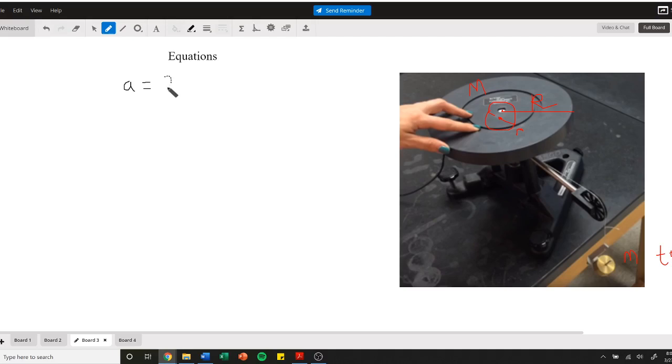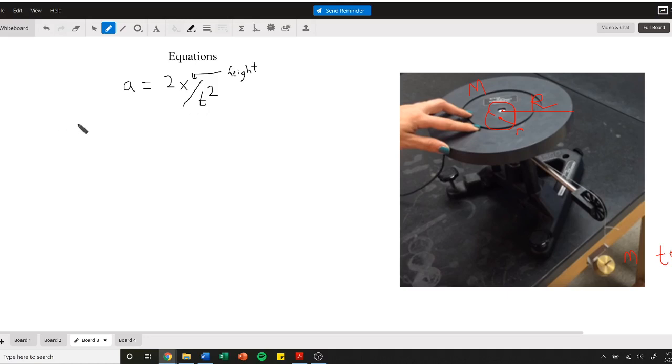So a is 2x over time squared, where x is the height that the mass is going to drop. We've given you a bunch of data of different masses and how long it took for those masses to reach the ground. From this acceleration, we can calculate two things.